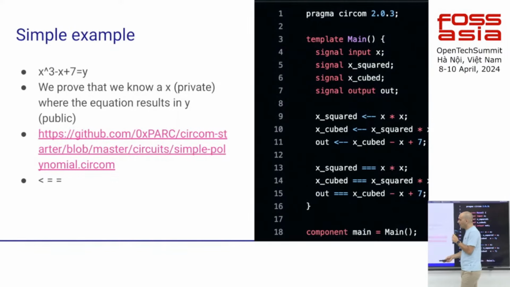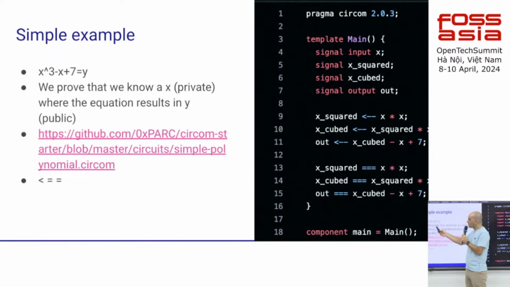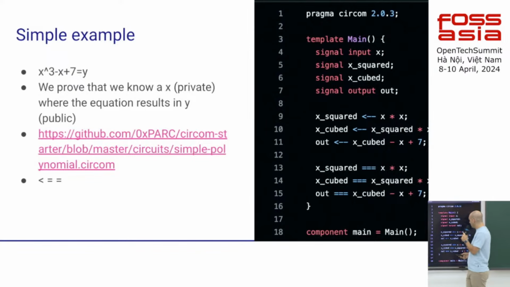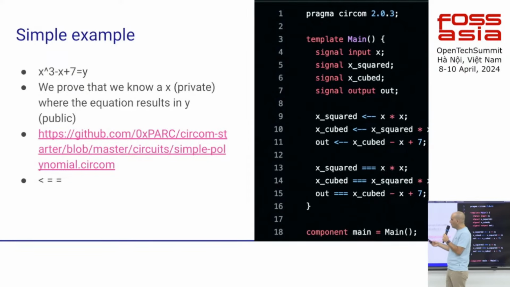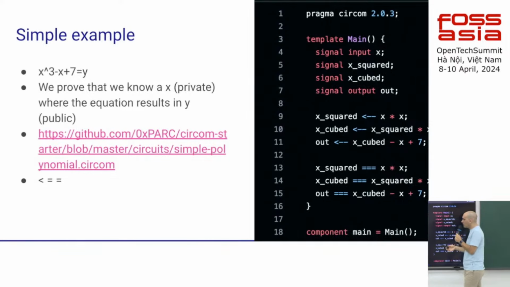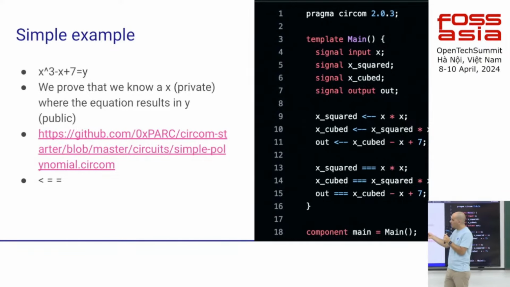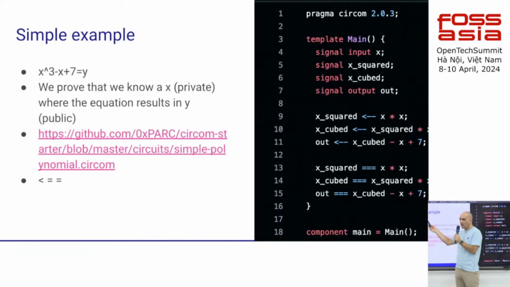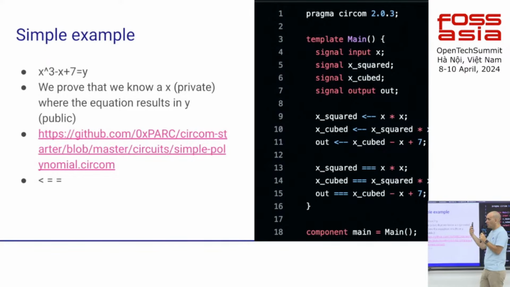The computation we want to prove is this equation: X to the third minus X plus 7 equals Y. With the proof system, we can prove that we know an X and a Y that match this equation, and depending on how we define the circuit, we can even not reveal X or Y, or only reveal Y, or only reveal X. But the verifier will be sure that we know a solution.